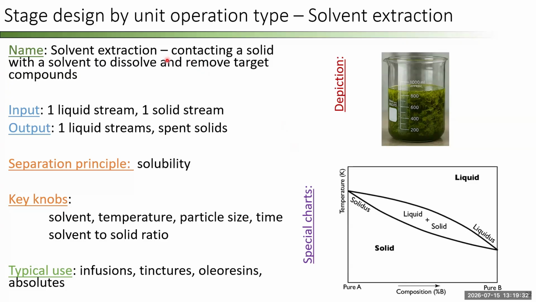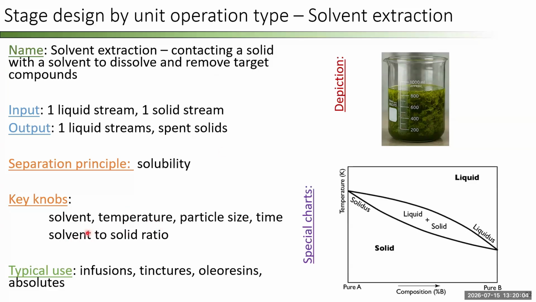In this case, we contact the solid, so the plant matter, with a solvent directly to dissolve the target molecules into that liquid phase. So we have liquids and solids which go in, we have a liquid stream and a spent solid stream that comes out. So in general, this is going to be coupled with filtration, right? So that I can then separate the liquid from the solid.